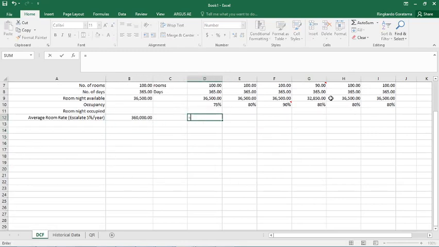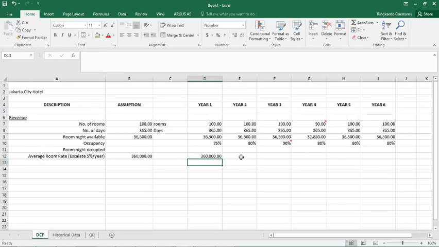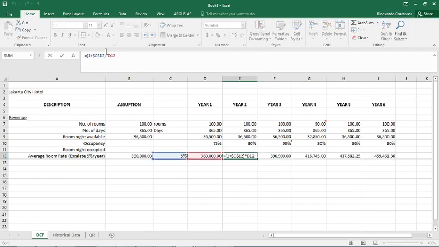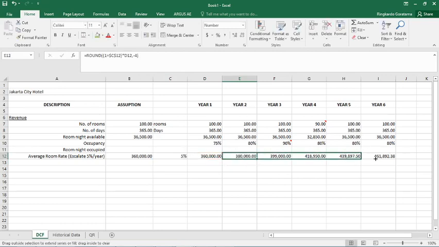For the escalation, it will be the same as the previous one, but let's put it in here, 5%, so we can add this one, multiply by, okay. Or we can just round it so the number will look nicer.